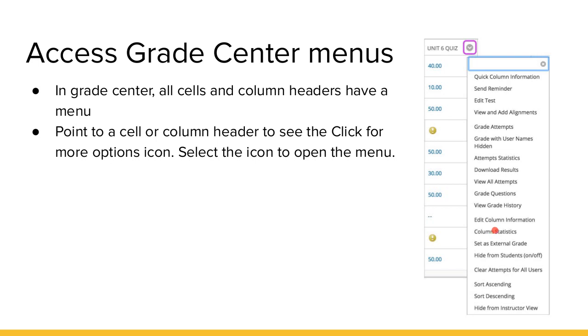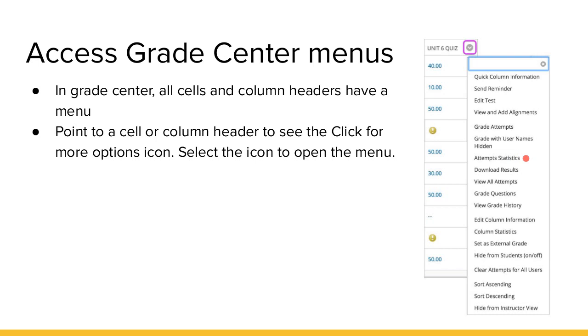If you're using a survey, it will not allow you to see a specific student's attempt for that survey. In order to see the results for that survey, you would select attempt statistics, and that will give you all the results for that survey.